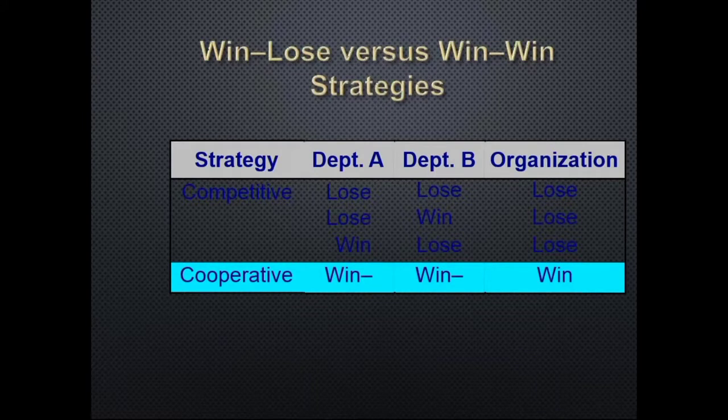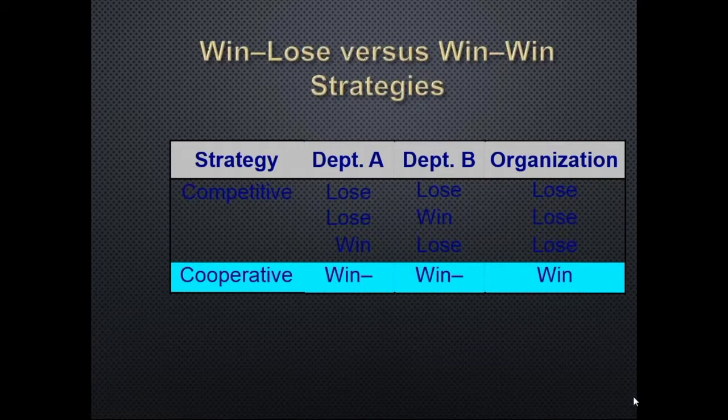Now, in the strategy, we have the win-lose and the win-win strategy for conflict management. If you cannot see the screen clearly, I will just explain this briefly. When you have two departments in an organization in conflict, anytime it is competitive, the organization will be at the losing end.